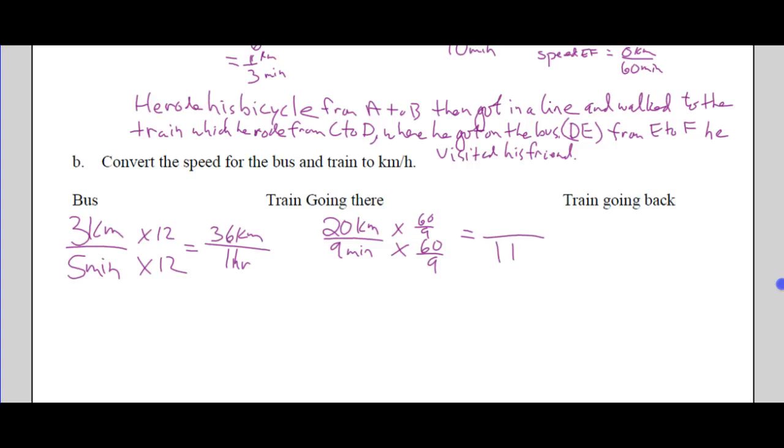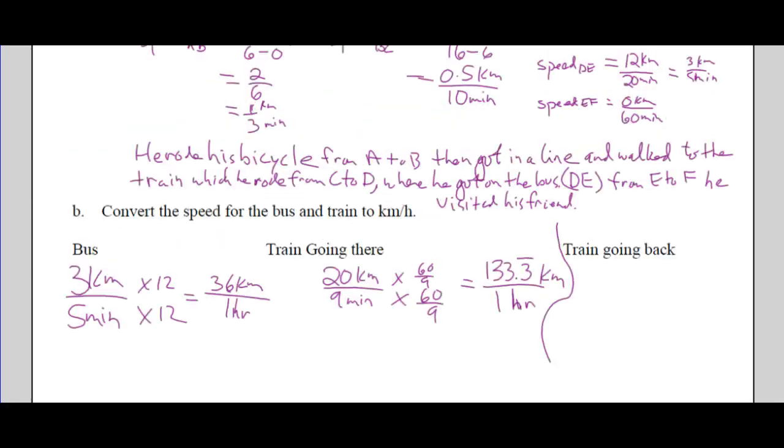So that'll be 1 hour. And 20 times 60 over 9. Okay, so we're going to get a decimal here. So 20 times 60 is 1200 divided by 9, 133.3. So 133.3 repeating kilometers per hour. Okay, that's likely the train. Not a lot of buses travel that fast.